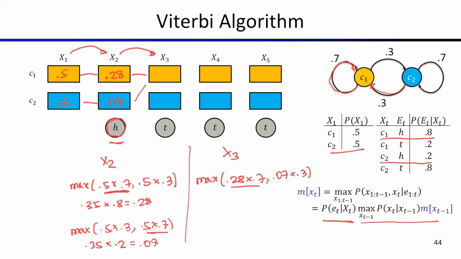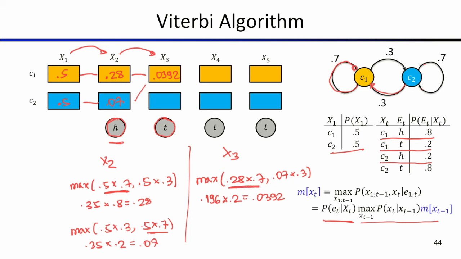And 0.28 times 0.7 is going to be 0.196. Okay, but now we had a tails outcome. So, yeah, that is less likely for C1. So it's going to be times 0.2, and this guy is going to be 0.0392. So here what comes is 0.0392.